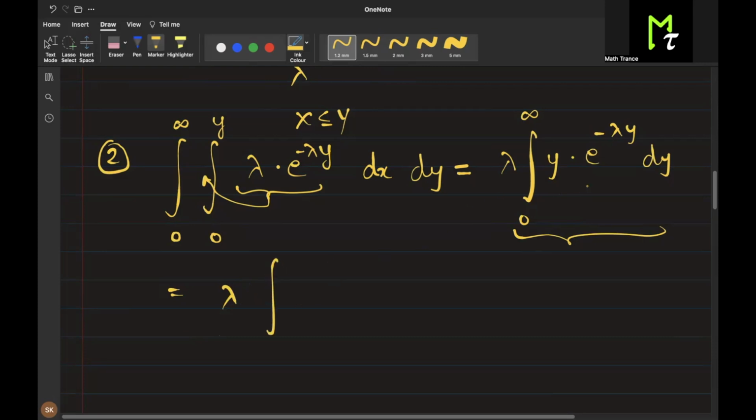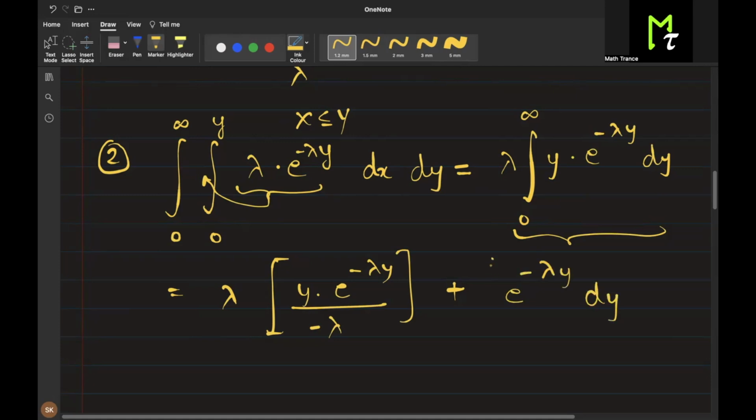First, we need to integrate this. So one lambda will fall down and it will become y into e to the power minus lambda y by minus lambda. This minus sign I'll use here and get it plus. And this lambda and lambda cancel and we'll differentiate this y and it goes to this value.